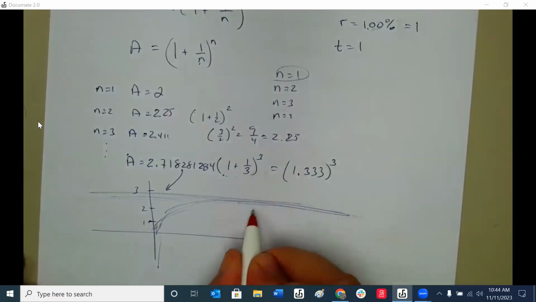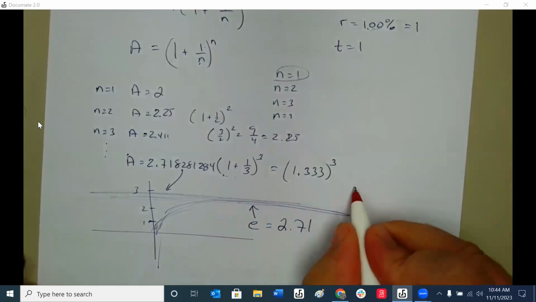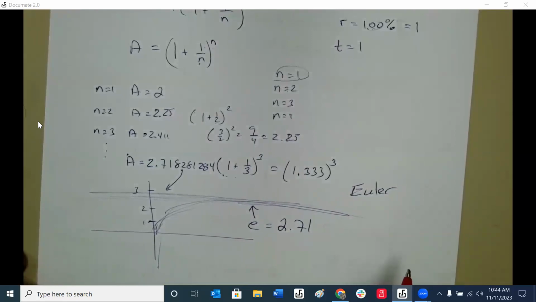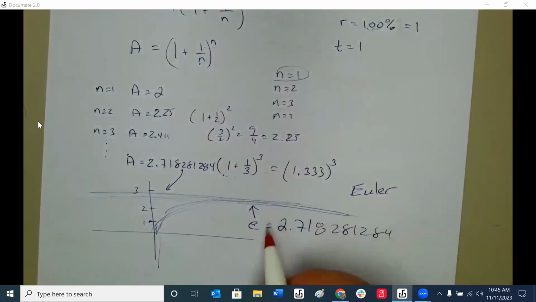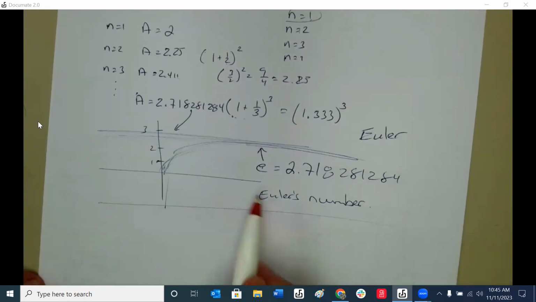And that's what we call E. Euler, that's his name. In 1749, I think, so in the 1700s, he came up with this theory, and this number was named after him. That's why they call it E. This is called Euler's number. And we'll see a lot of this.